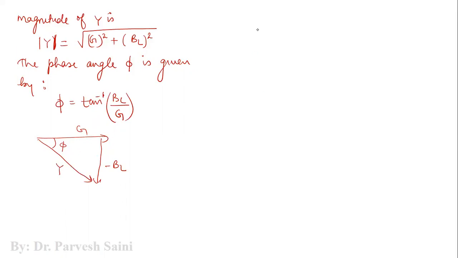So in a parallel RL circuit, the current is basically given by IR plus IL, the phasor sum, or IG plus IBL. This is the total current, and this is the admittance.